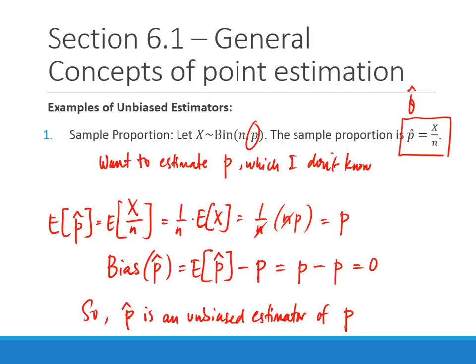Again, I don't know what p is, but I can calculate the expected value of my estimator and see if I'm expecting to get the right thing. That's kind of the point of the bias here.